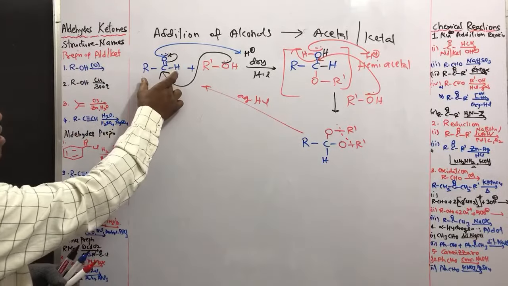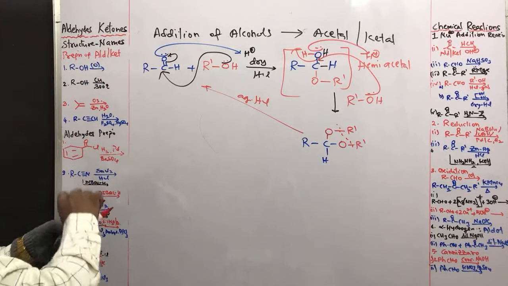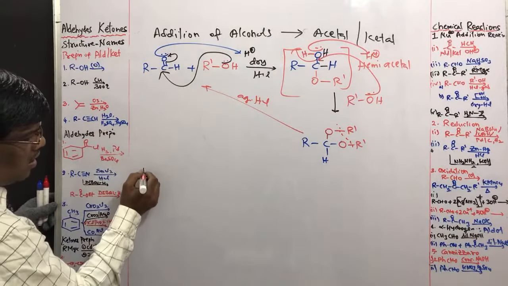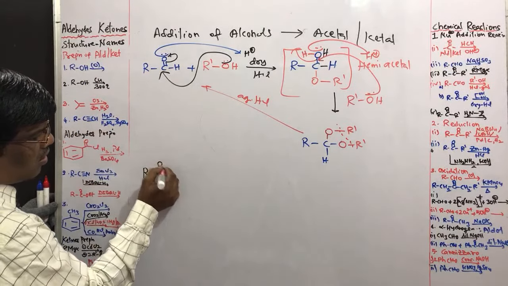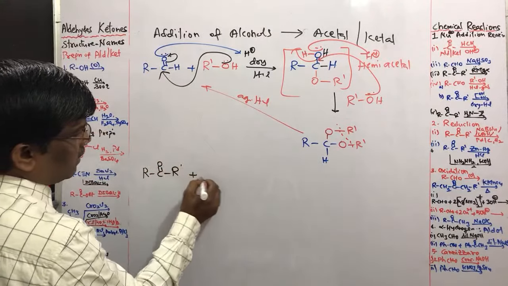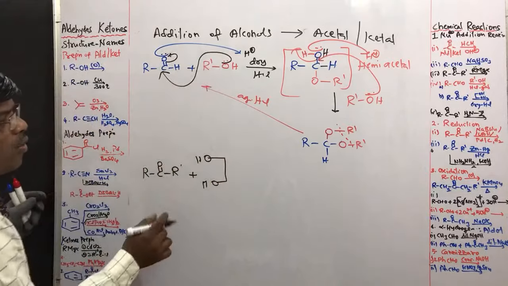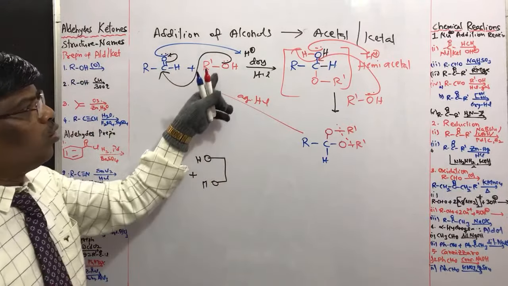So in place of this aldehyde, if I take ketone, treat it with ethylene glycol. In previous example, I have taken 2 moles.